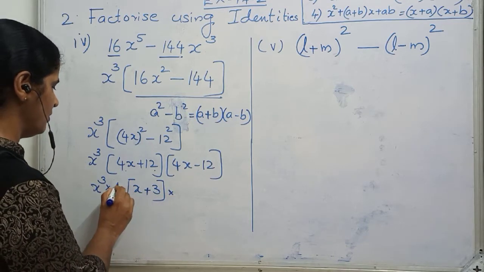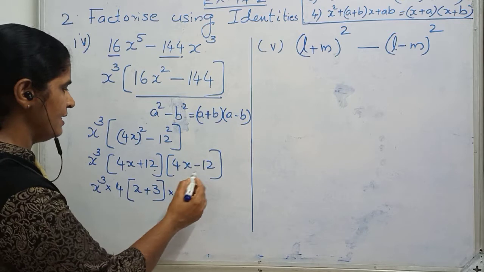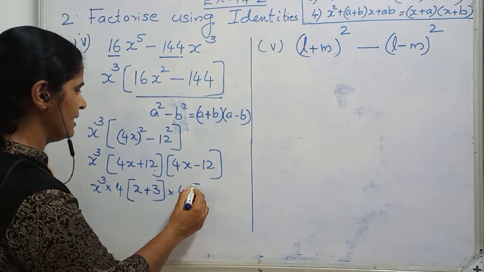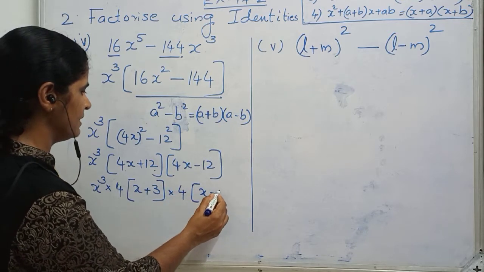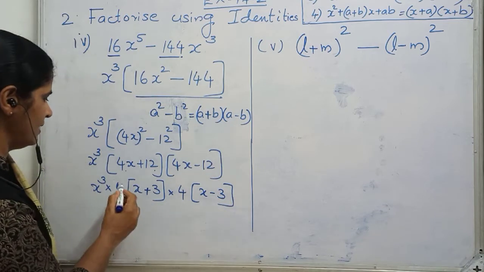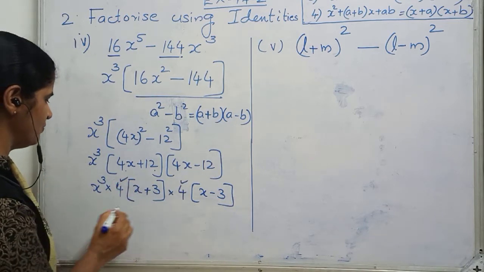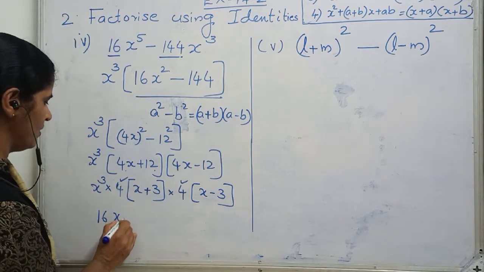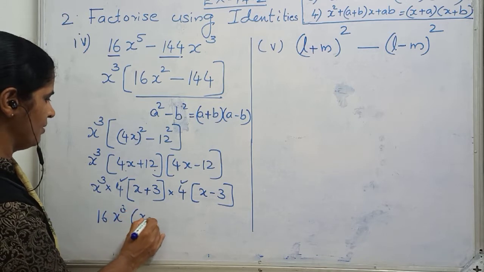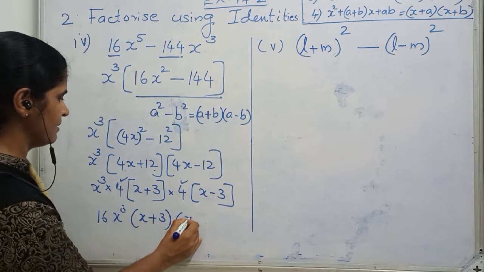Again from 4x minus 12, if I take out a 4, it will be x minus 3. So the last answer will be multiplying all the numbers: 4 fours are 16, x cube in the beginning, and (x plus 3) and (x minus 3).